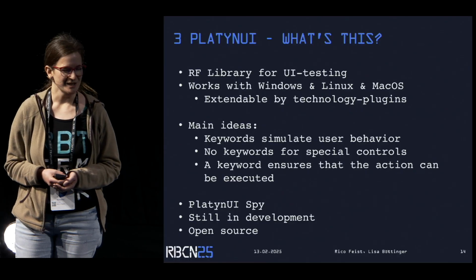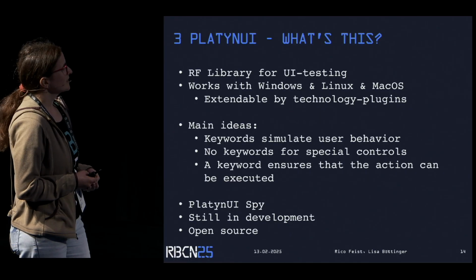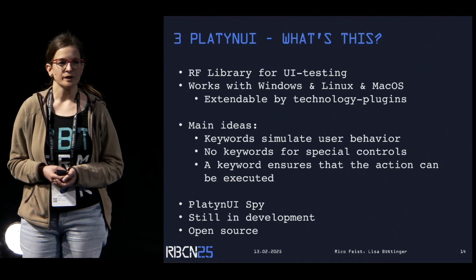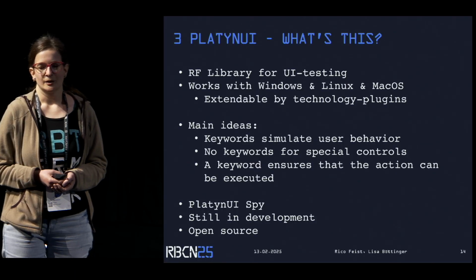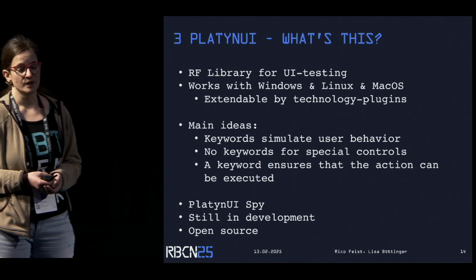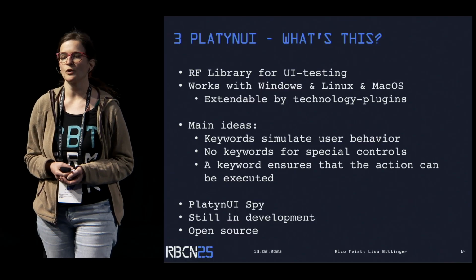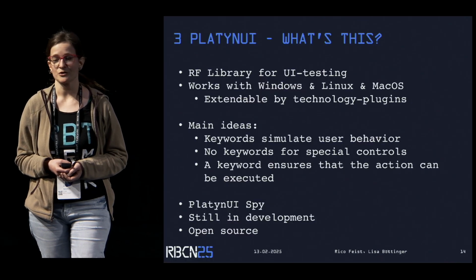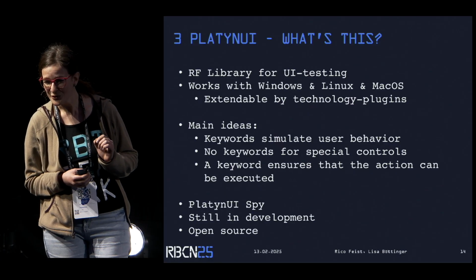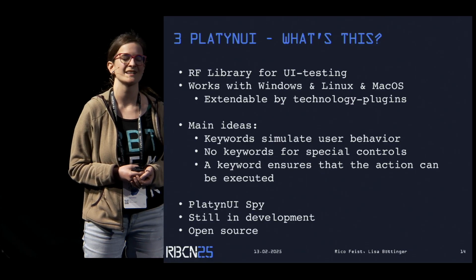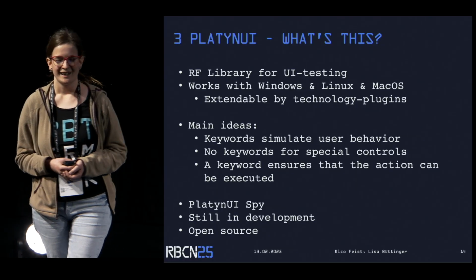which is called PlatynUI. And PlatynUI is a Robot Framework library for UI testing. And it works with Windows, with the UI Automation interface, with the Linux AT-SPI2 interface, and the Mac OS accessibility API.